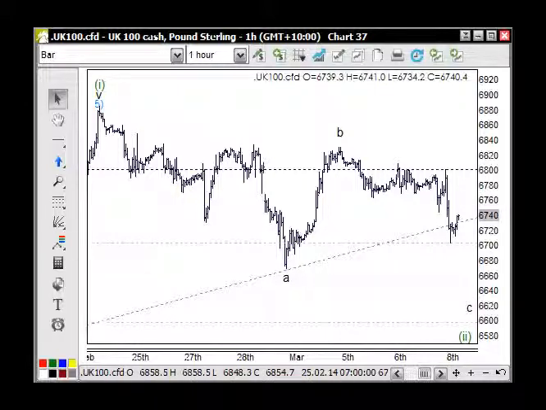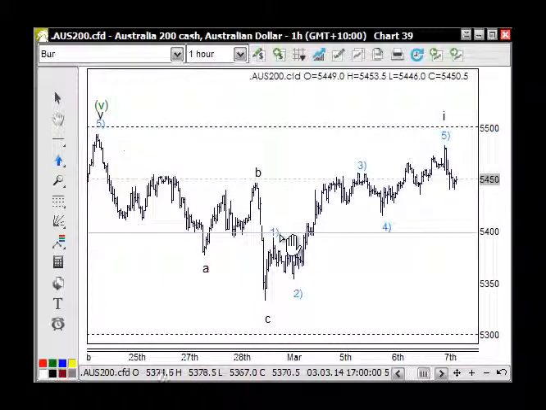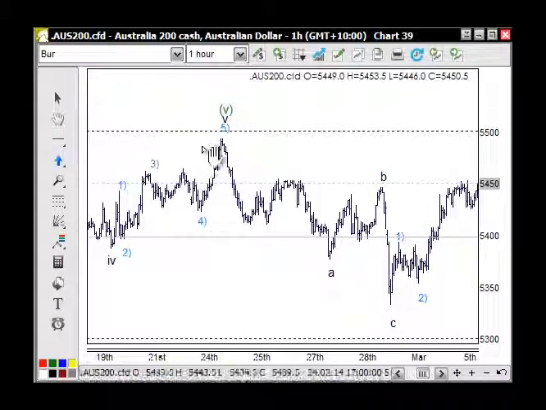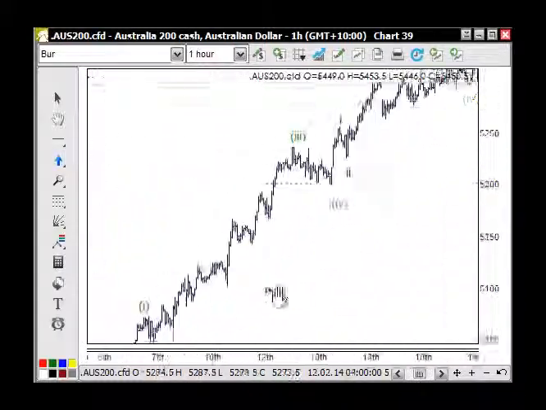And the Australian market as well. We were tracking this little 5-wave structure up last week, and it's completed, so it's just natural to expect a correction. It would have been nice if we made a high above this previous high here, because we've been tracking this whole 5-wave sequence up here.